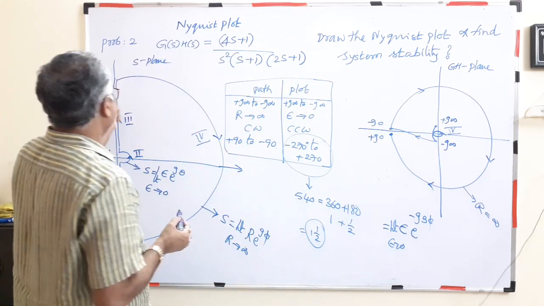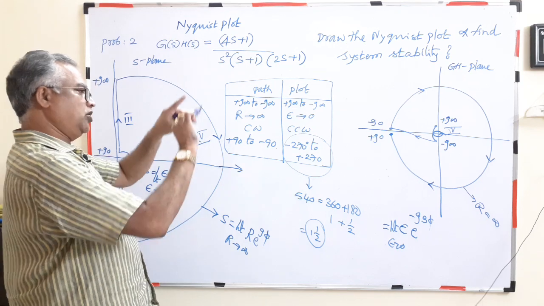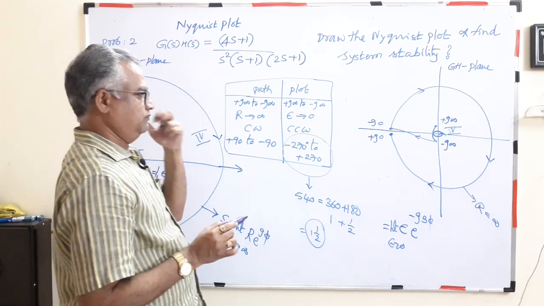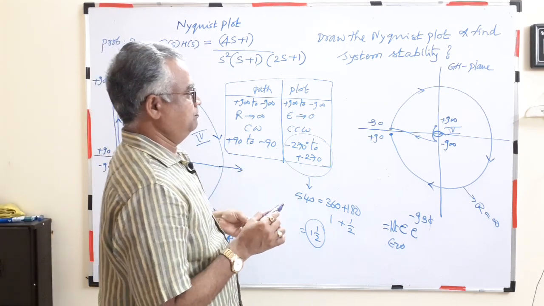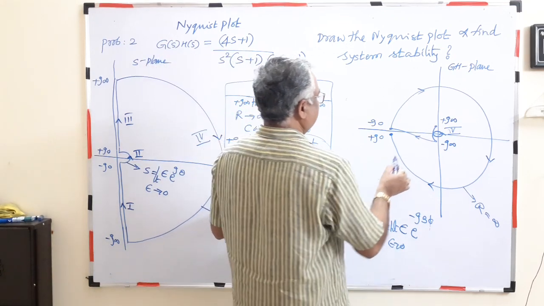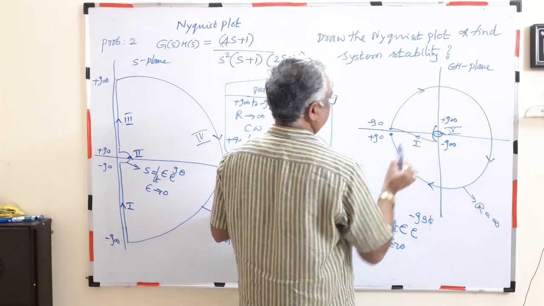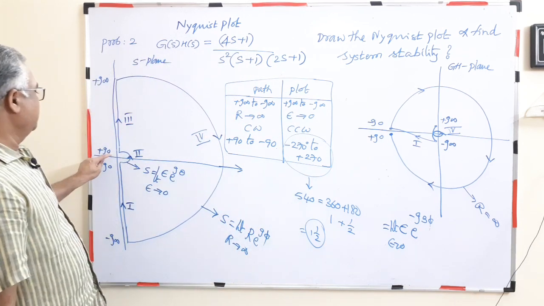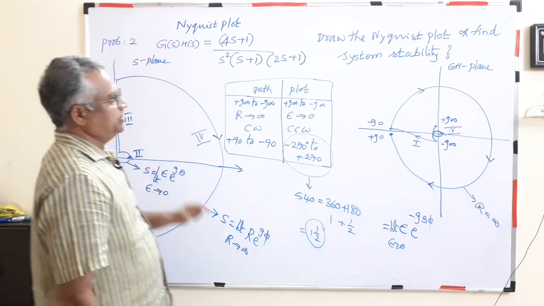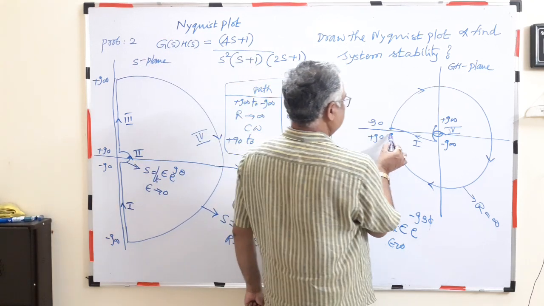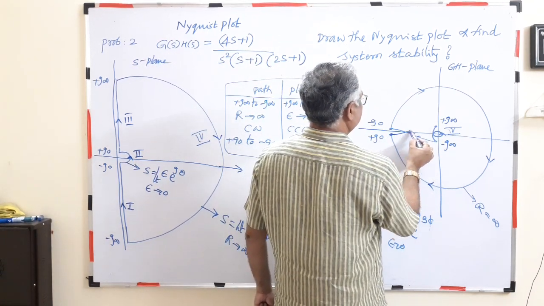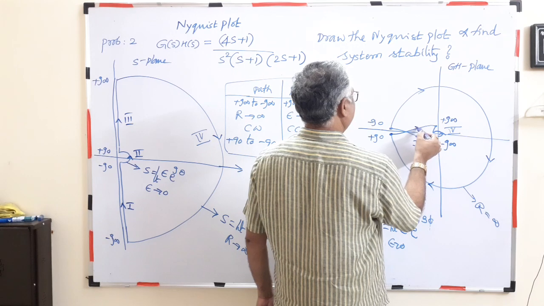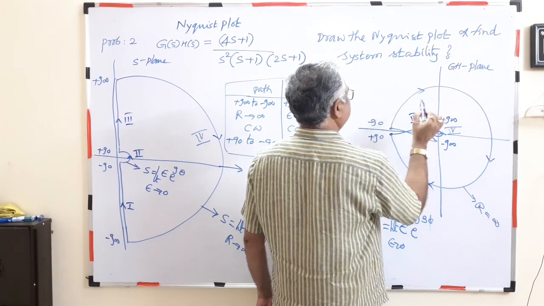When the Nyquist path is a closed contour, the plot is also a closed contour. This is first. What about third? Plus j0 to plus j infinite. It is symmetrical. This is third.